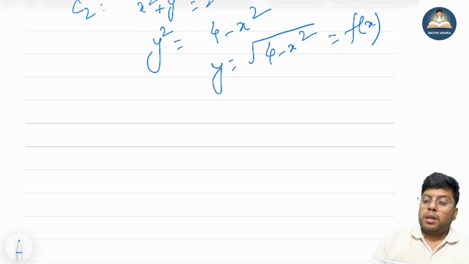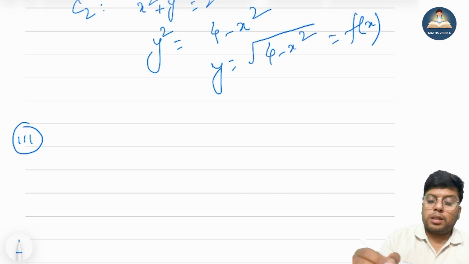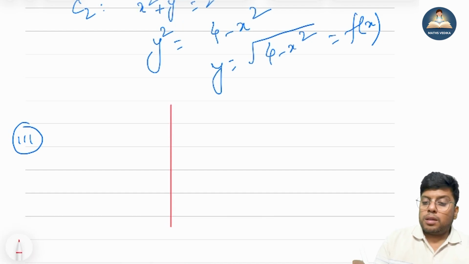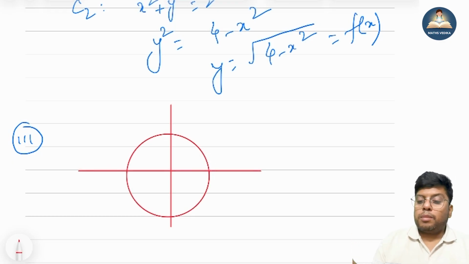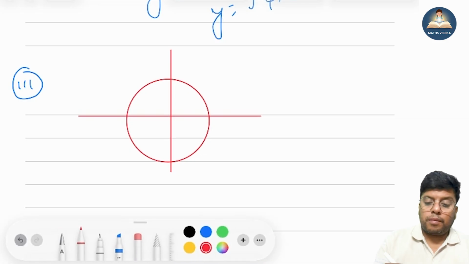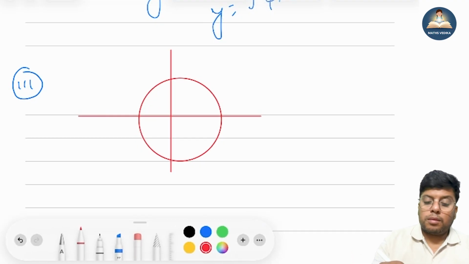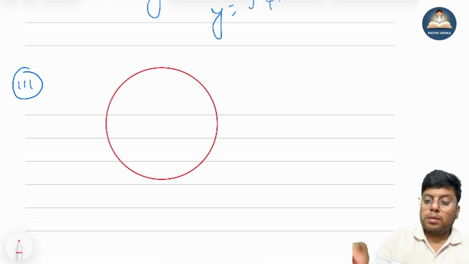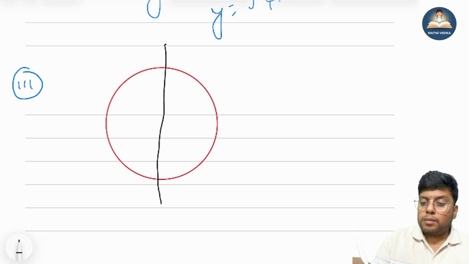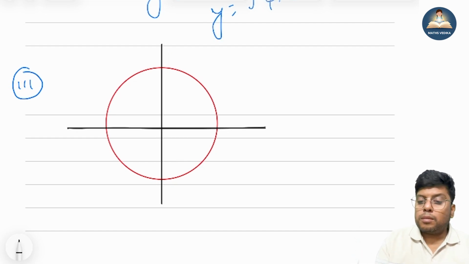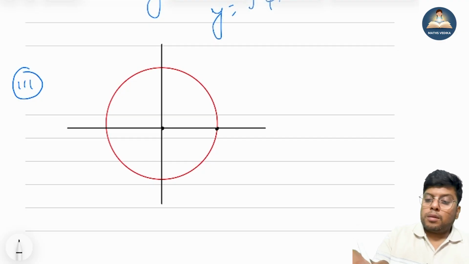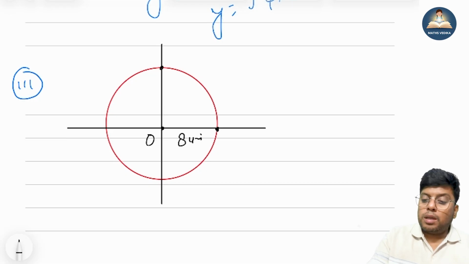So here, for question 3, suppose this is the roundabout. This is 8 unit, the radius is 8 unit.